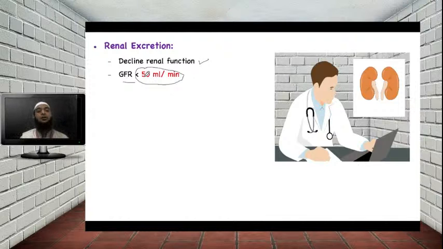But if you are giving a drug which is supposed to be excreted by the renal system, and the age of the patient is advanced, then you need to perform a glomerular function test. You must see the GFR and then take the decision accordingly. When GFR is low, it requires dose adjustment. You need to give a lower dose of the drug.